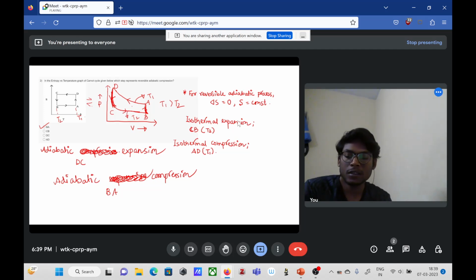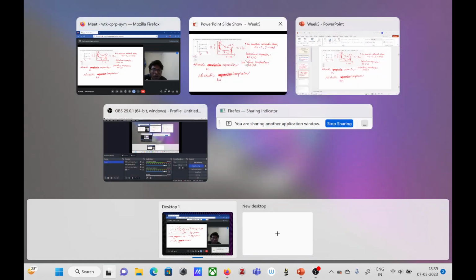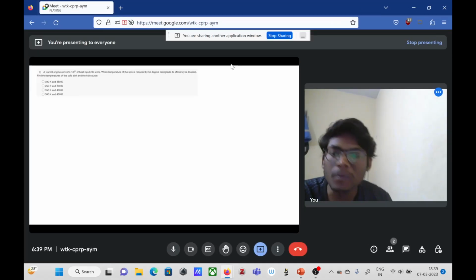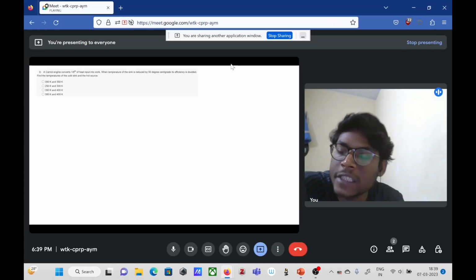Okay. Next, going to the next problem. This problem says a Carnot engine converts 1/8 of heat input into work.